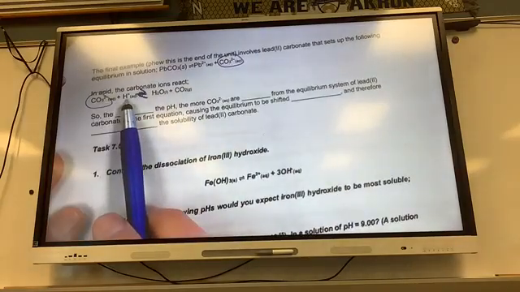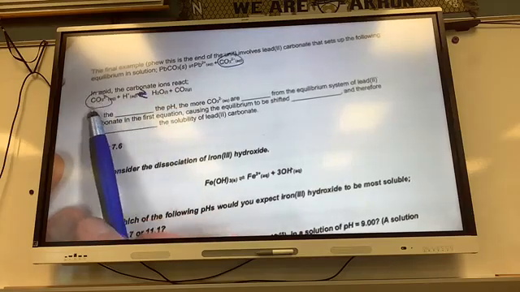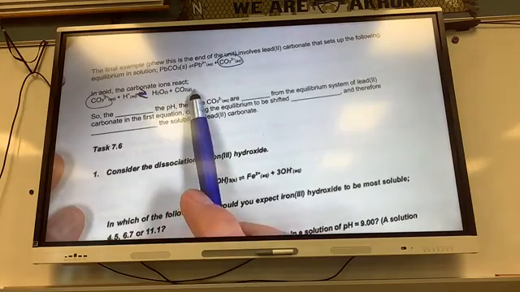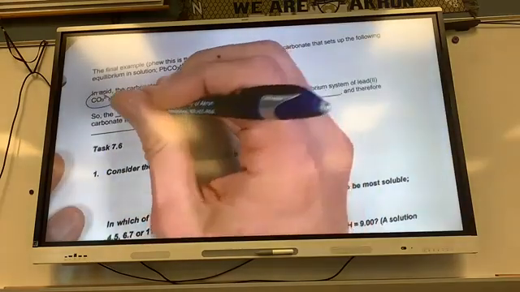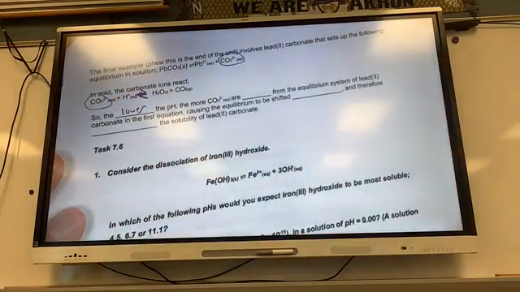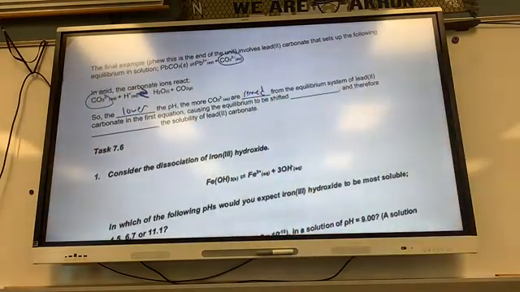This H plus is going to become H2O by ripping off an oxygen from the CO3, which becomes carbon dioxide instead of carbonate. So this means in this situation, the lower the pH, the more CO3 2- ions are removed.